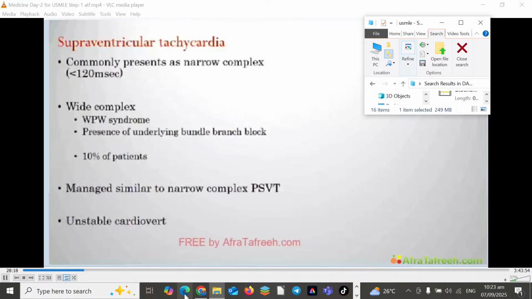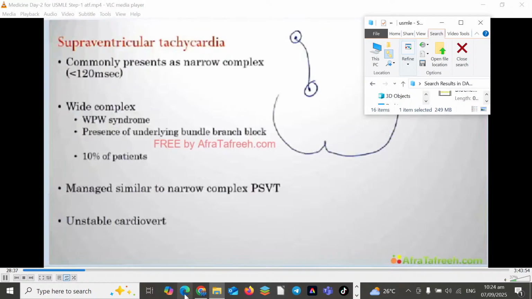When you're talking about supraventricular tachycardias, you are talking about a rhythm which is originating above the ventricles. Okay? You're talking about a rhythm which is starting here, coming here, and going down into the ventricles.